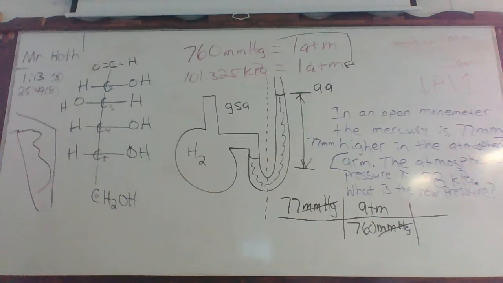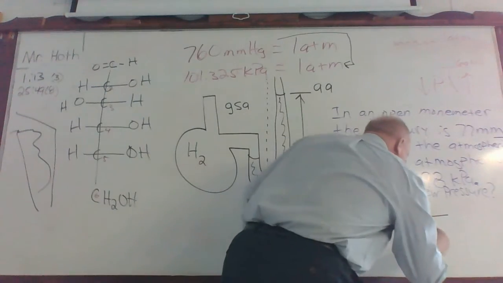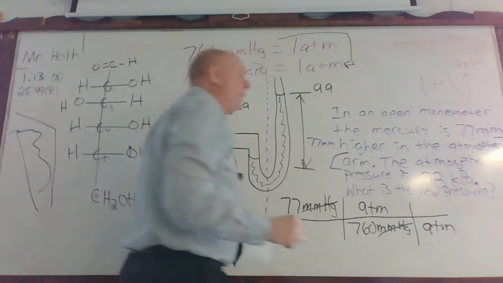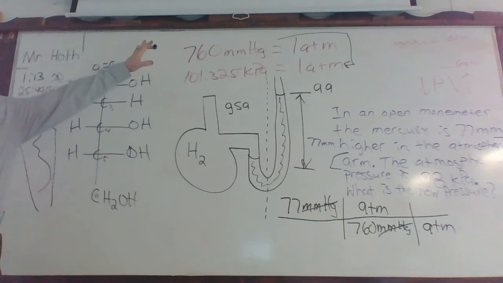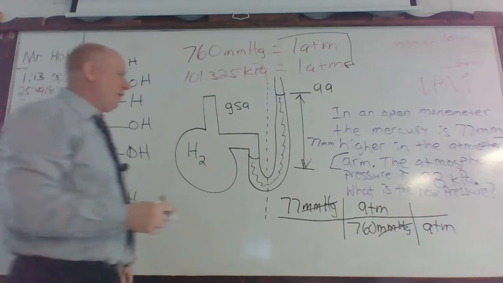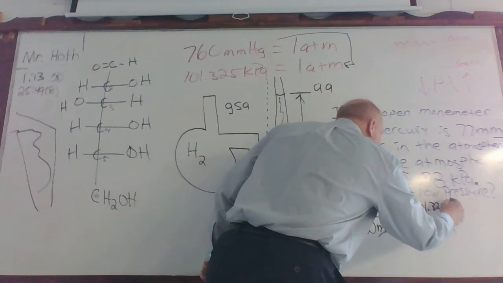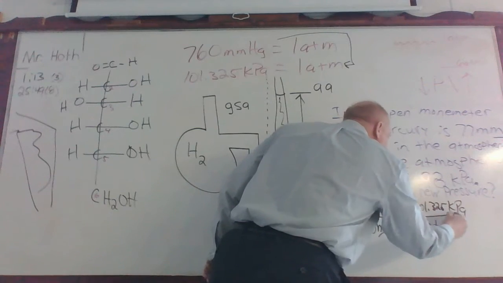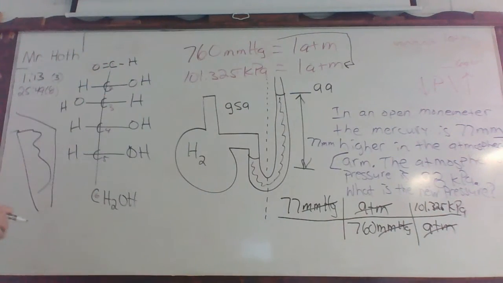How do we cancel out atmospheres in the next step? Put it on the bottom, because for every atmosphere, how many kilopascals do we get? What does it tell you up here? 101.325 kilopascals. Our atmospheres have canceled. Our millimeters of mercury have canceled. So now we're in kilopascals, and that's what we wanted.